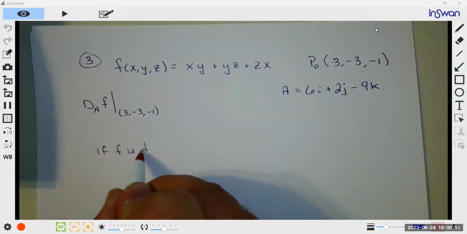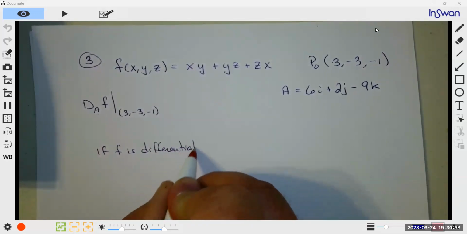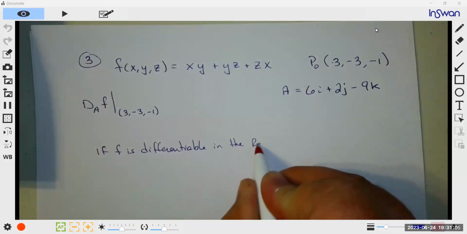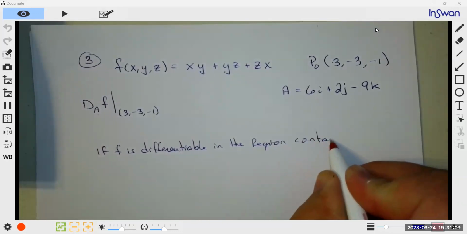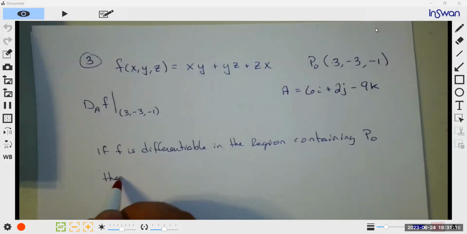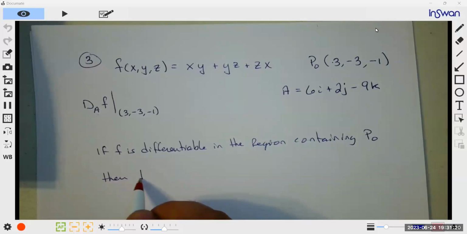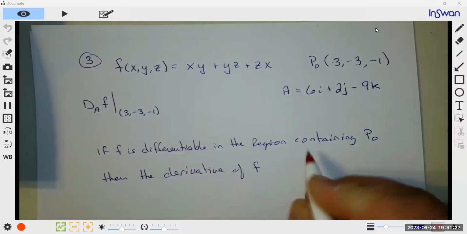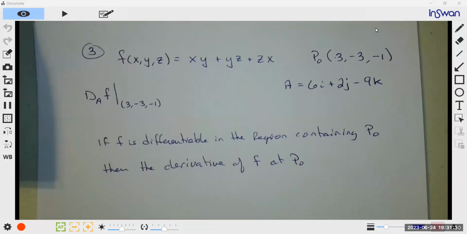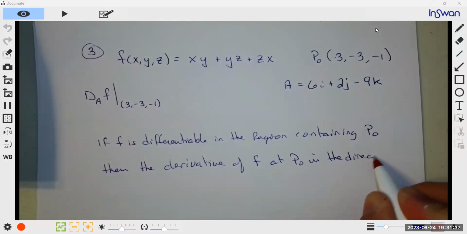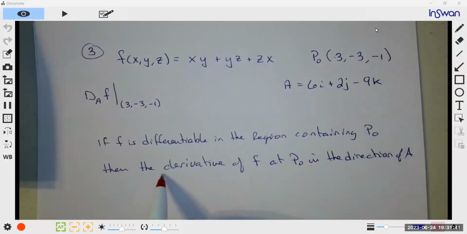So let's see what this all talks about. If f is differentiable in the region containing the point p sub 0, then the derivative of f at p sub 0 in the direction of a, this is the important part, is given by this.